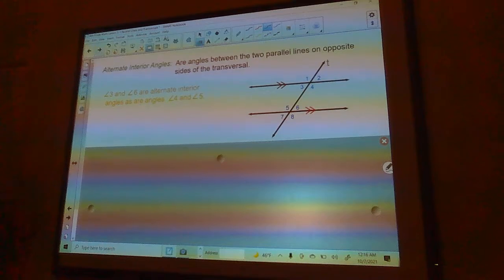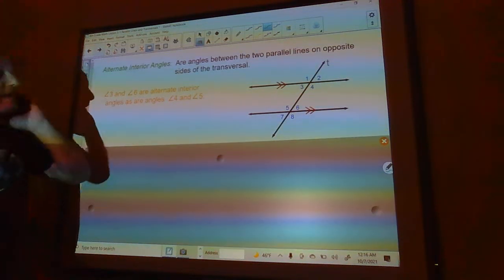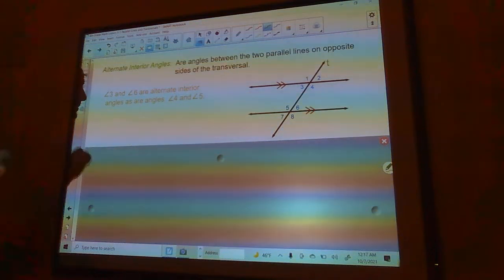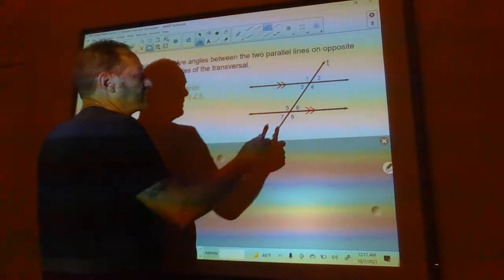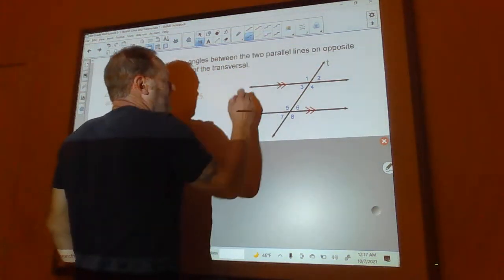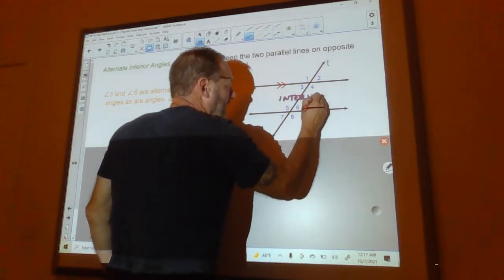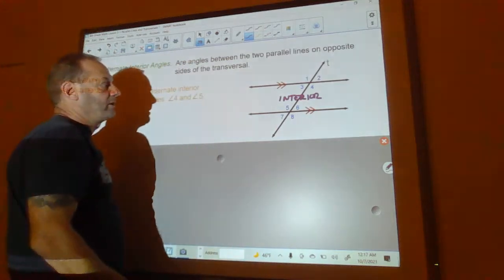Alternate interior angles. Okay, what are they? Alternate interior angles are angles between the two parallel lines on opposite sides of the transversal. So, since they're interior, these are the interior angles in here. They're between the two parallel lines.